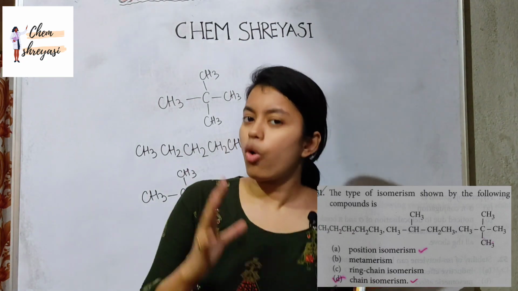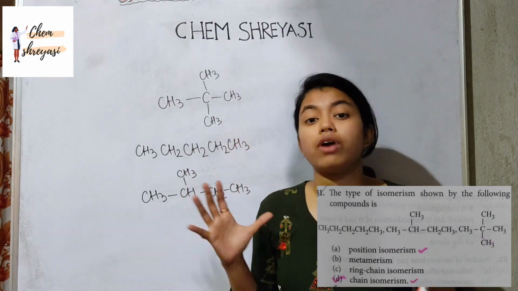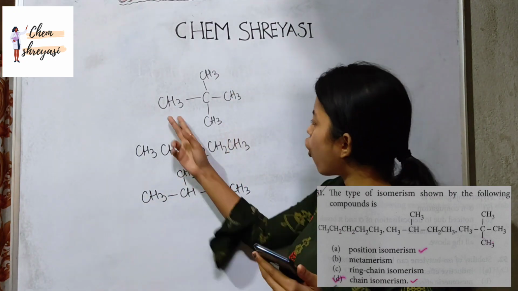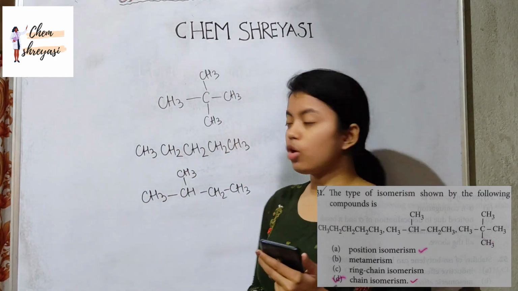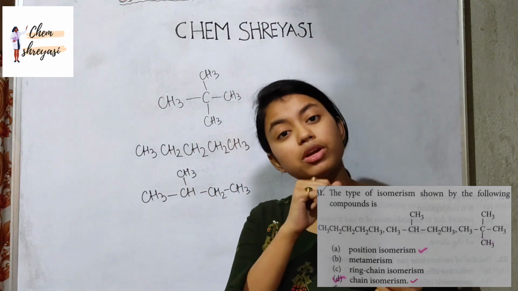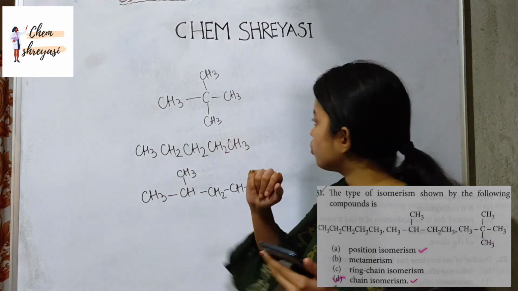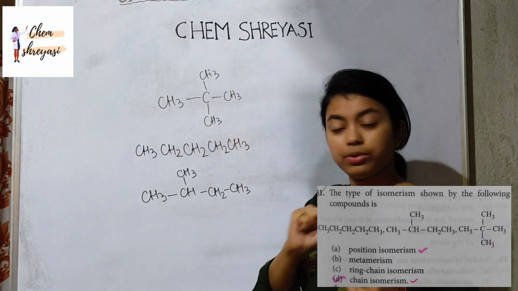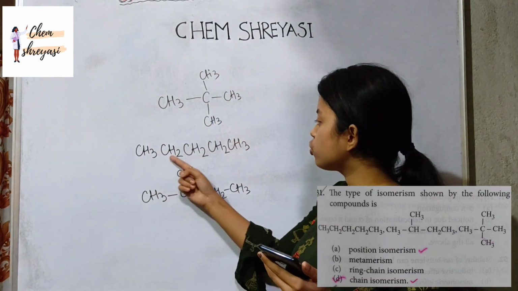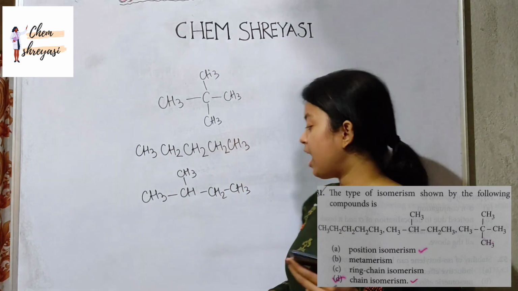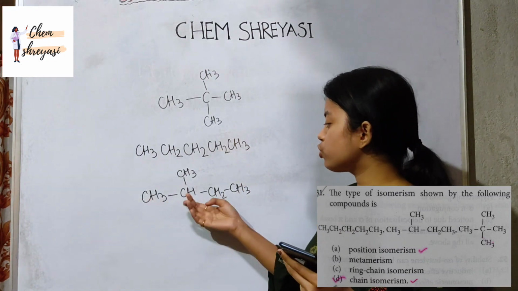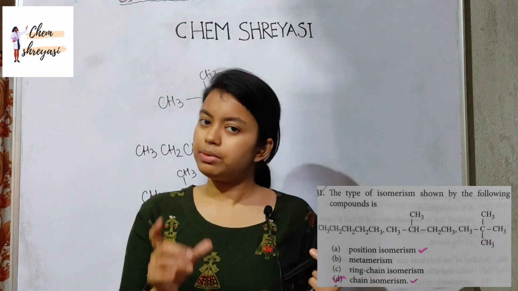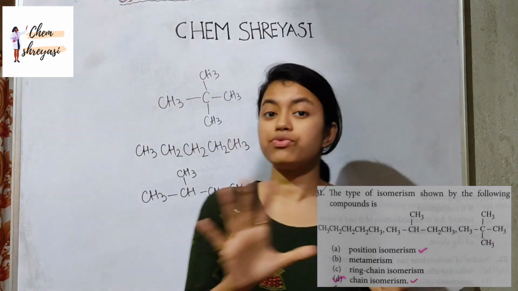As we have already read about the different kinds of isomers that exist, we can easily understand that all of these compounds have the similar molecular formula. Let me count it for you. This one has 5 carbon. This one also has 5 carbon, and the last one as well has 5 carbon. So the carbon count is the same: all of these molecules have 5 carbon.